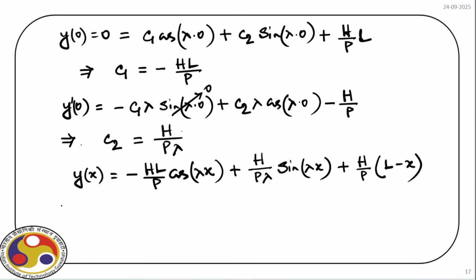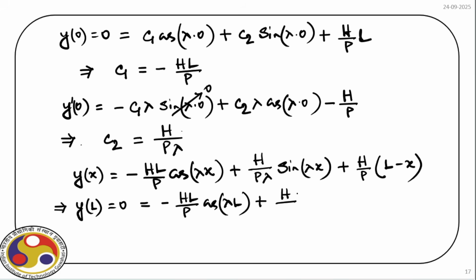So if we satisfy that, what we have here is y at L is equal to 0, which is equal to minus HL by P cos of lambda L plus H by P lambda sin lambda L, and if we put x equal to L, so the third term will be equal to 0, right?